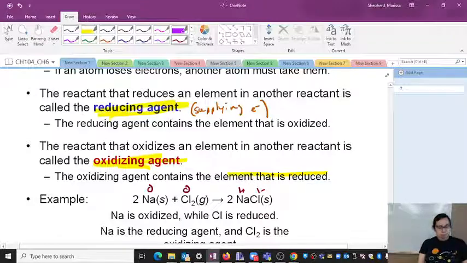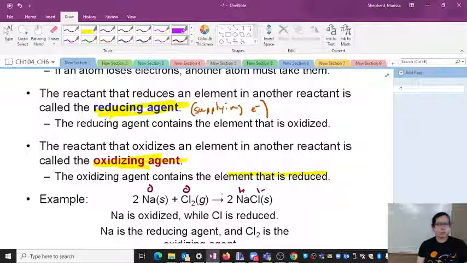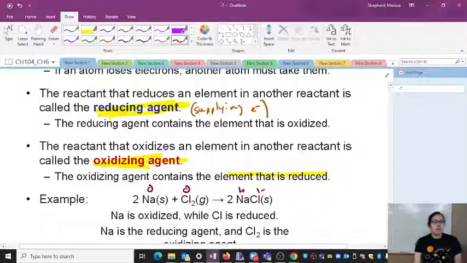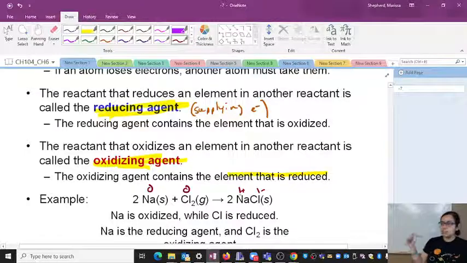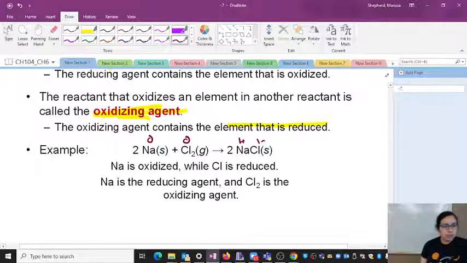So sodium, we said that it lost electrons. So what is it doing then? Is it the oxidizing agent or the reducing agent? Reducing, exactly. The reducing agent is supplying those electrons, so it makes sense that it's a metal. And we see that it was oxidized since we go from a 0 to a 1+ state. Oxidation is losing electrons, so it lost electrons. And of course, that makes chlorine the oxidizing agent.